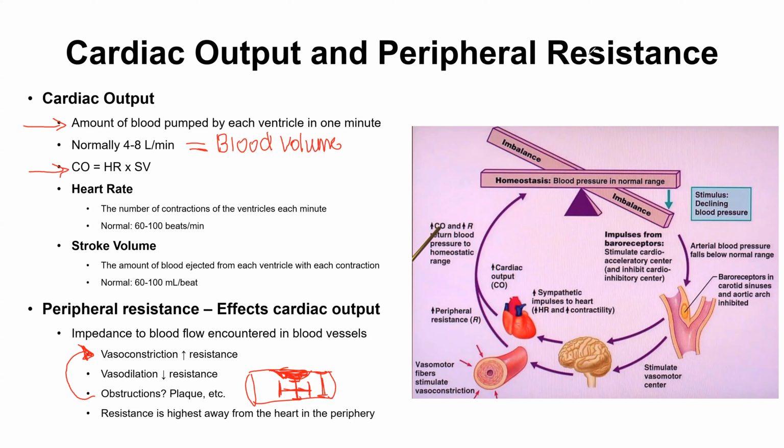Now, as I mentioned already, we have a lot of discussion here with peripheral resistance and diameter, and continuing on with that, resistance is highest away from the heart in the periphery. Hopefully this makes sense because when we look at the heart and the aorta, as the aorta comes off and gives rise to all of these different vessels, all of these little teeny tiny vessels and all these little tiny capillaries, the size of the vessels decreases.